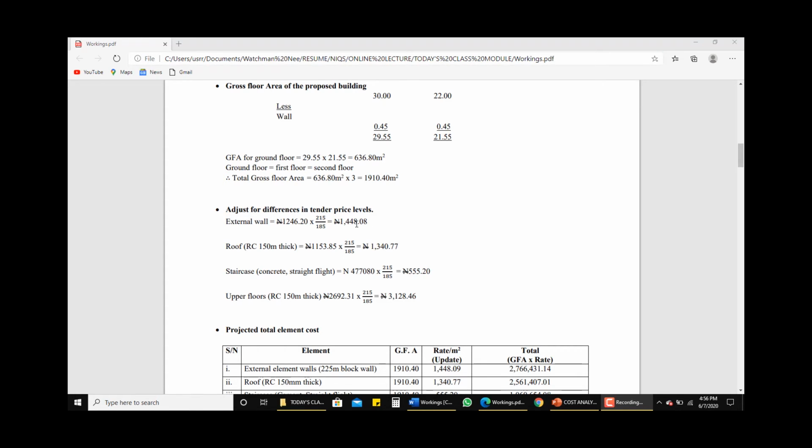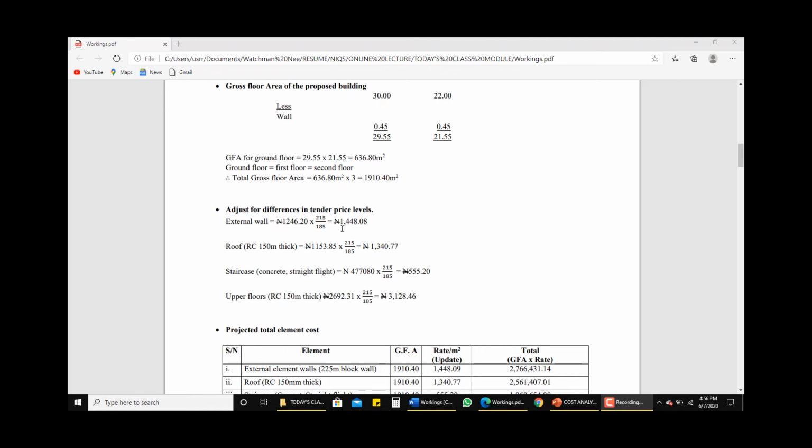So what we have here is an increased price per square meter, which is 1,448.08 naira. So that's what we have for the external wall.